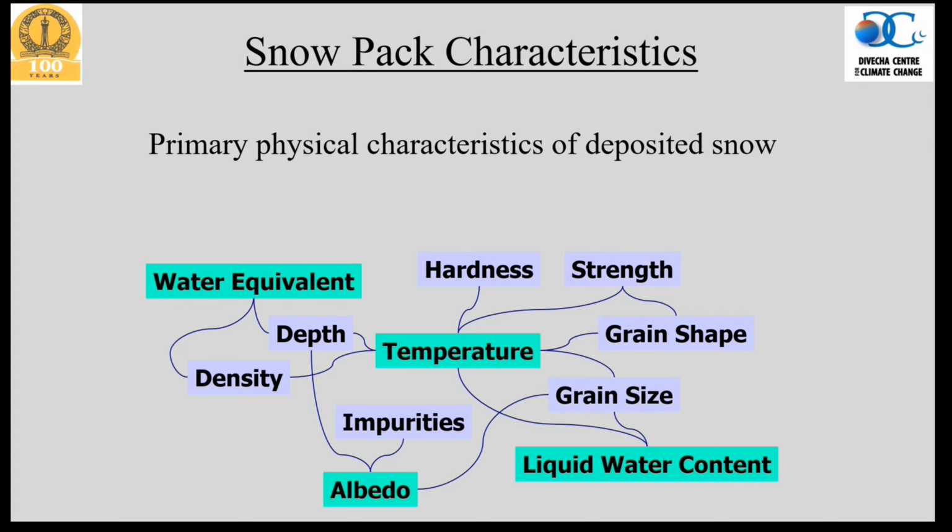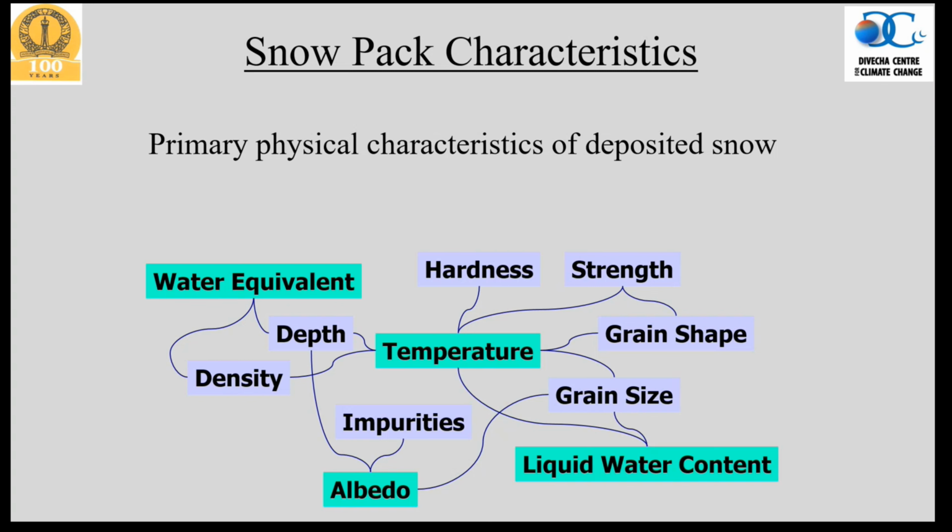It is very important to understand how much liquid water content is in the snowpack. So because of the temperature, there will be a change in various physical characteristics of snow, and these characteristics are hardness, strength, grain size, and grain shape.